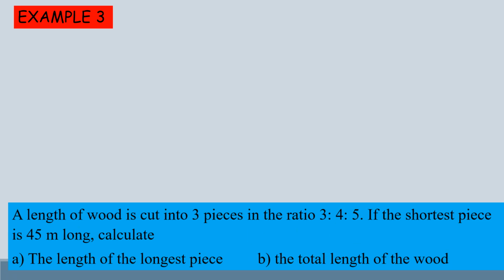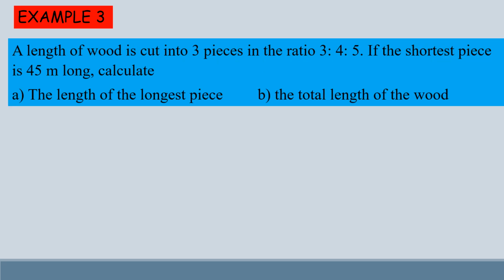Example 3. The length of wood is cut into 3 pieces in the ratio 3, 4, 5. If the shortest piece is 45 meters long, calculate A, the length of the longest piece and B, the total length of the wood. So the shortest piece, according to the question, is equal to 3, because we have 3, 4, 5, and the smallest number there is 3.